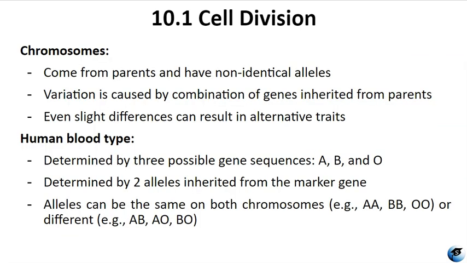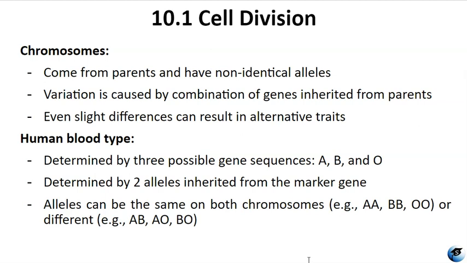Now, like I said, each pair of chromosomes comes from a different parent, which means that the genes they carry aren't identical, even though they determine the same traits. The unique combination of genes inherited from both parents gives rise to the variation we see within a species. Even a slight difference in the gene sequence can result in alternative traits, like blood type, for example.